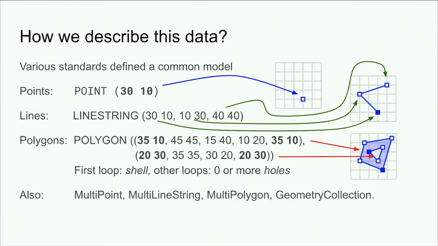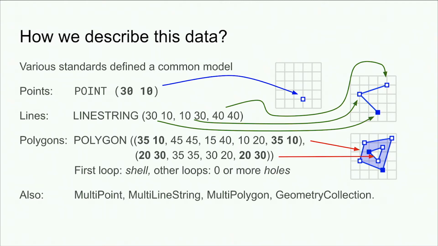If you have a line, then a sequence of points defines that line. If you have a polygon, that's more complex. We can have a complex shape, and it can have holes. So the most common approach to describe that is by giving a sequence of loops. And there is always at least one loop.